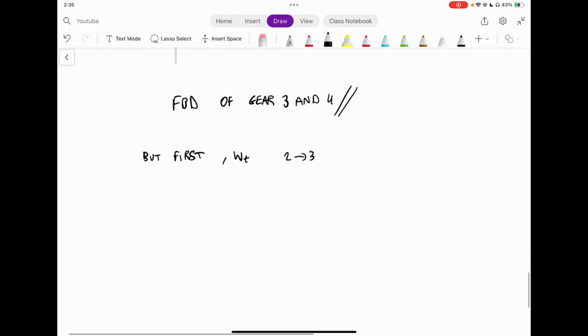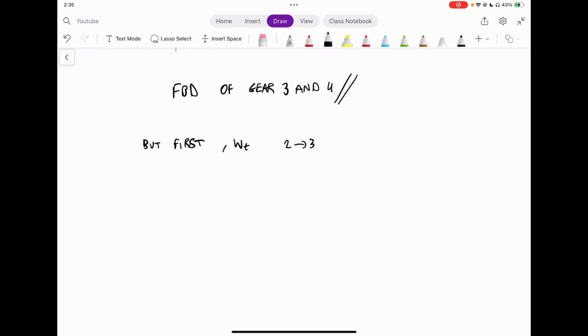So we can do a quick free body diagram of gear 2, just so we have it. So this would be gear 2. We have a certain torque from A to 2 that's happening. This torque from A to 2 is clockwise because we know that gear 2 is rotating clockwise.